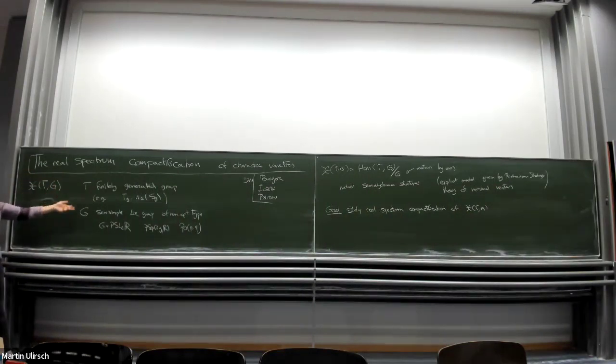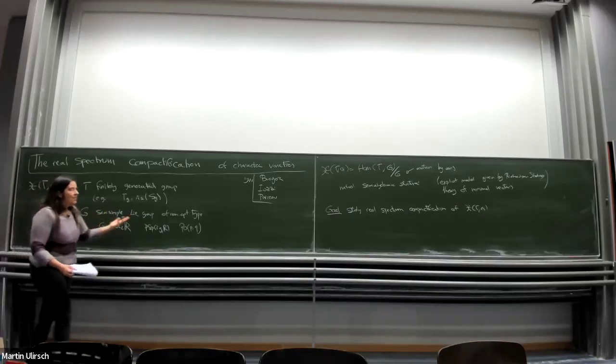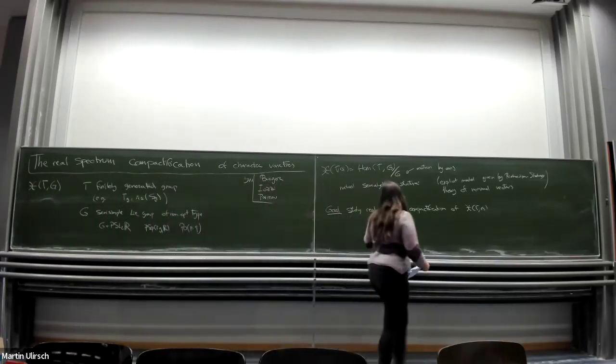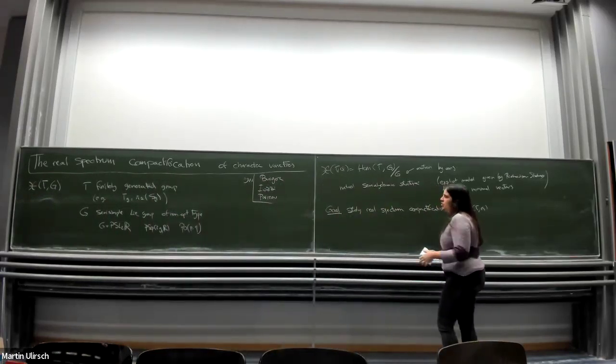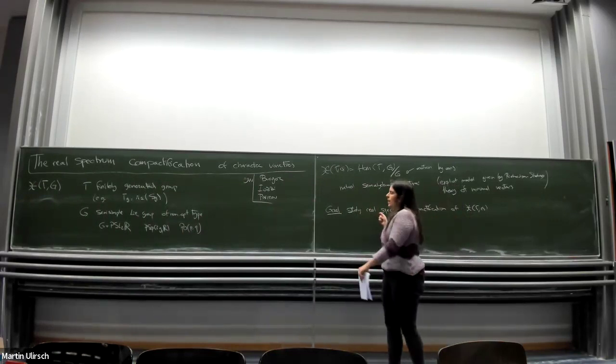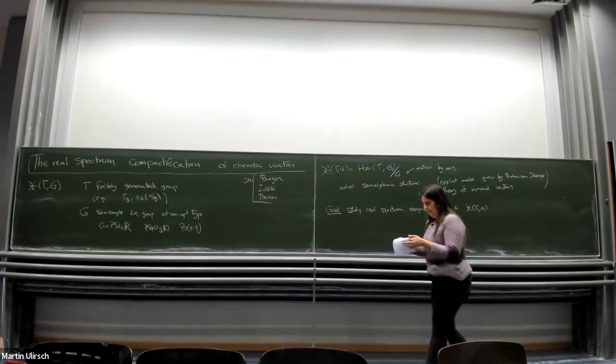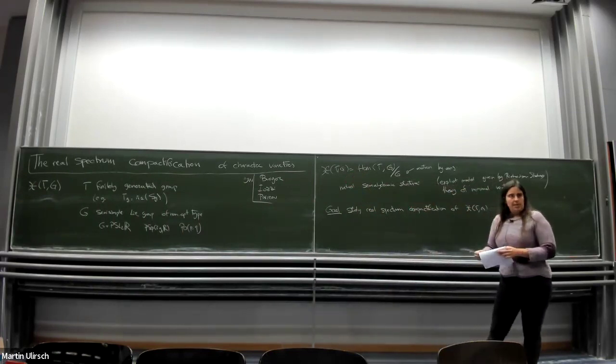So I don't want to go complex, for example, but I really insist on having these real forms, which makes some things more complicated. And then I will tell you a little bit about the general real spectrum compactification and then our results about the specific real spectrum compactification of this. So any questions or comments on this?